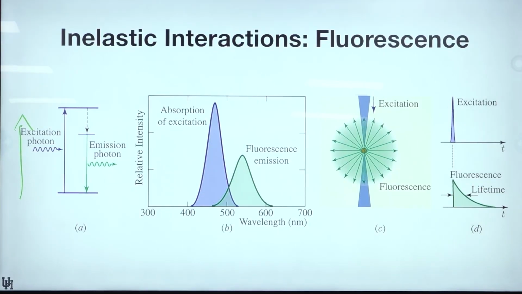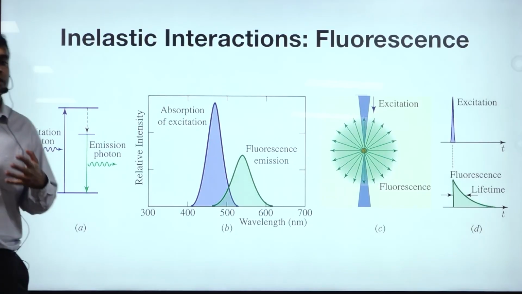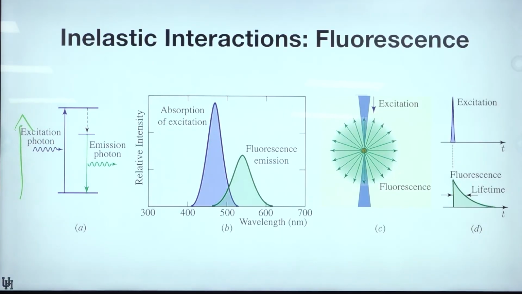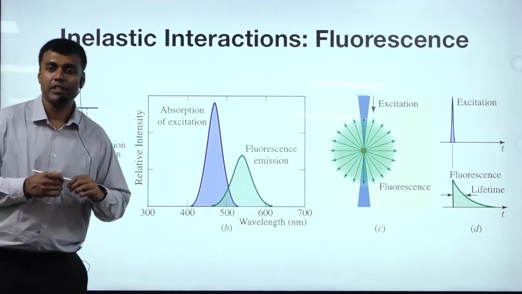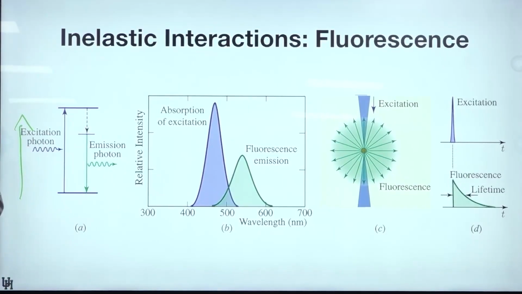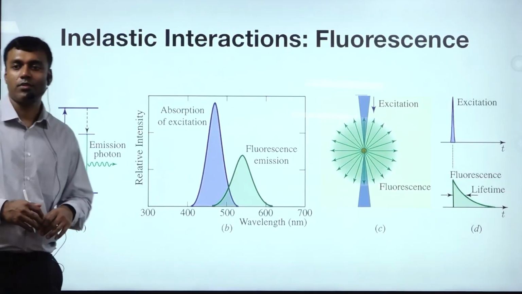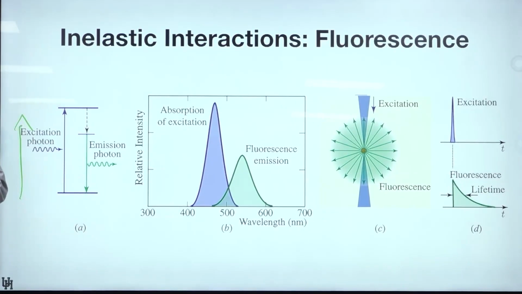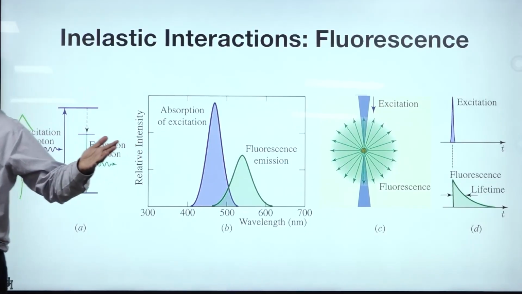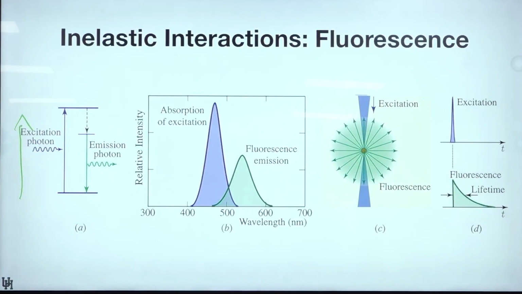The efficiency of scattering is relatively small; it's an inefficient process. For fluorescence, people have developed very efficient molecules. If say 100 photons fall on this molecule, maybe 50 come back as fluorescence. So it can be as efficient as that.